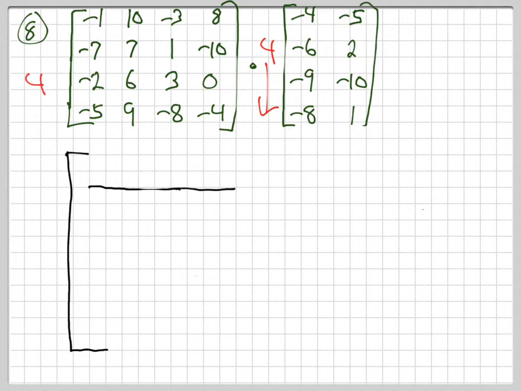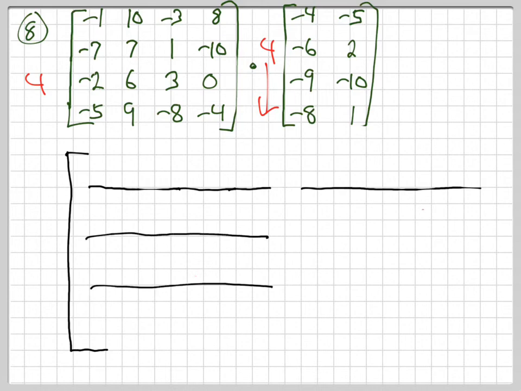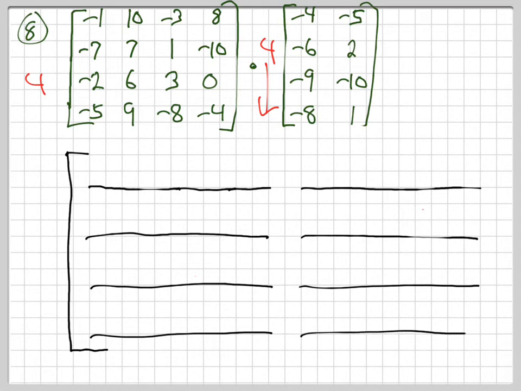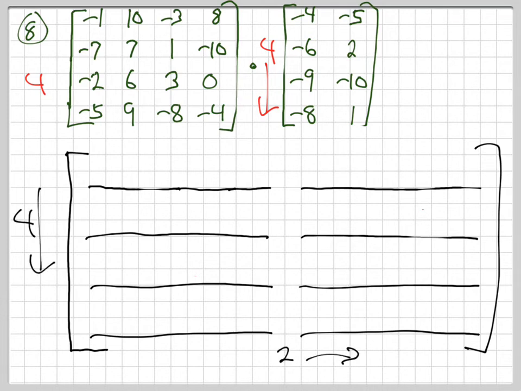Oh wait, no, 4 down. Getting confused. All right. So 4 down, 2 across. So there we go. So 4 down, right? It's 4 down, it's 2 across, isn't it? 4 by 2, answer matrix.